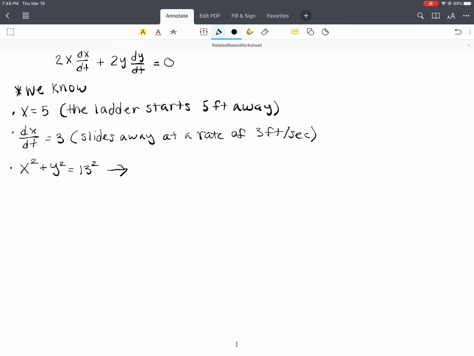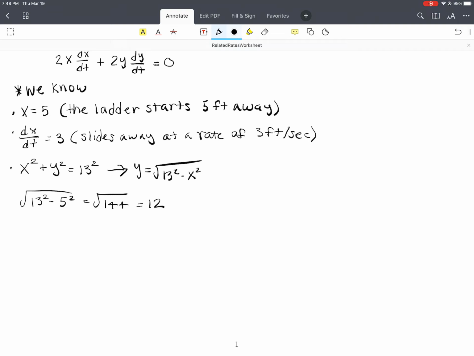We can rewrite that and solve for y, and it tells us that y is equal to the square root of 13 squared minus x squared. We said that x is 5, so 13 squared minus 5 squared is the square root of 144. That gives us 12.